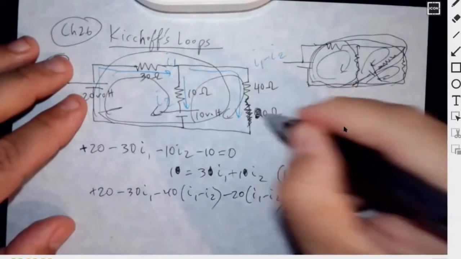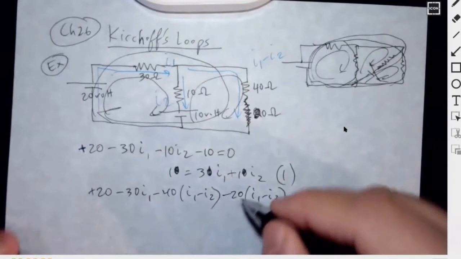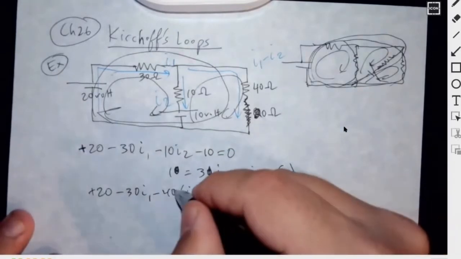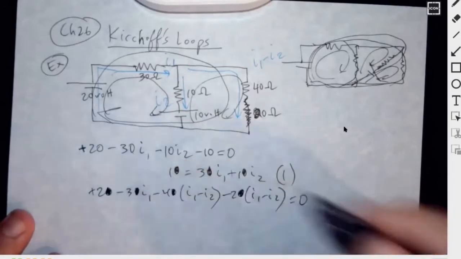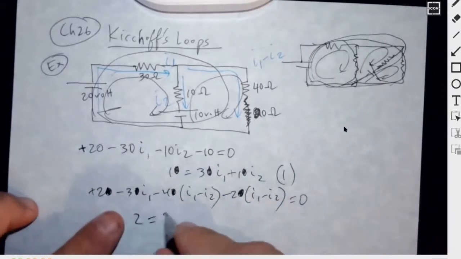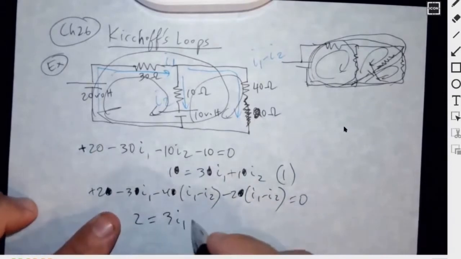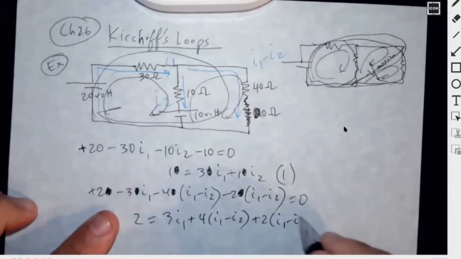This is 20 here. That's equal to 0. And I could get rid of the zeros and take everything to the other side. So 2 is equal to 3I1 plus 4(I1 minus I2) plus 2(I1 minus I2).